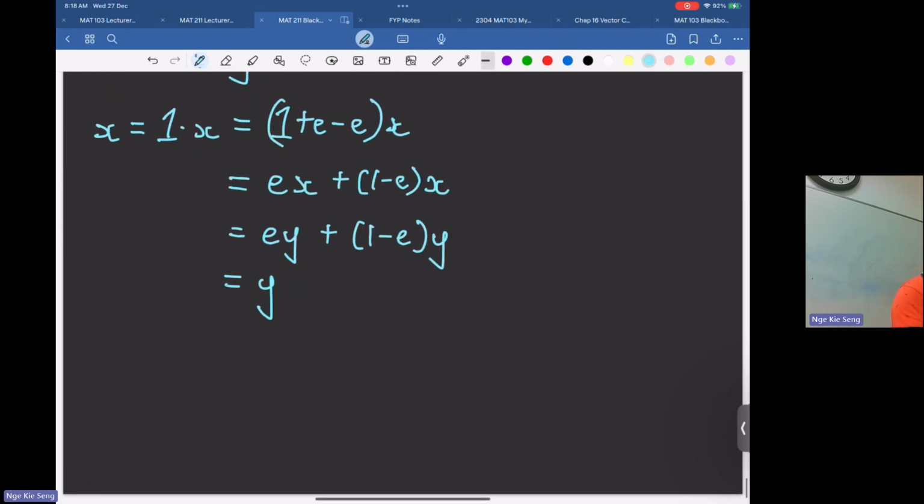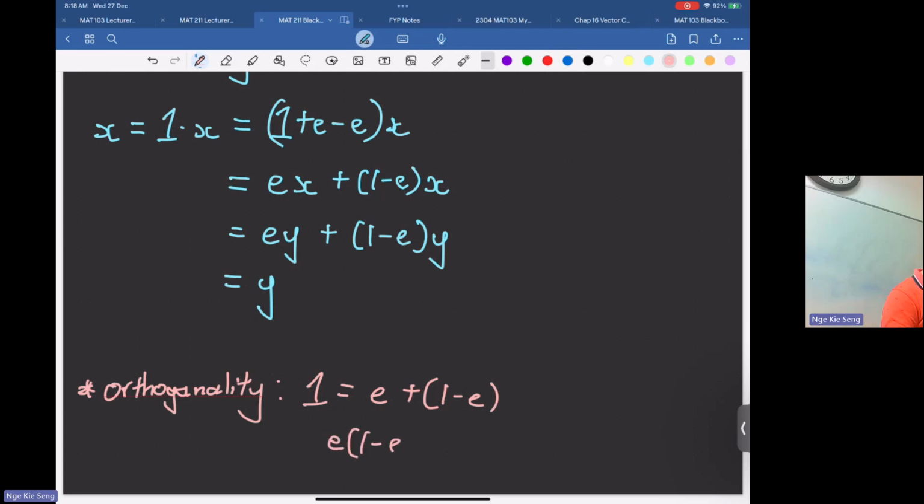So what I want to say is there's some orthogonality here, because we split 1 into e plus 1 minus e. And then when you multiply them together, you get 0.